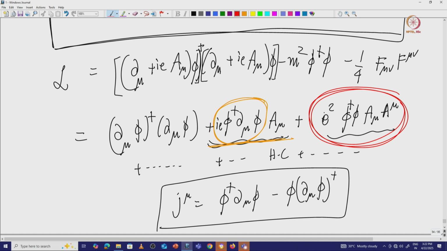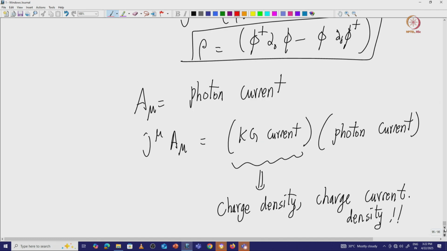Now, I will just introduce one particular component. This is what this term represents.